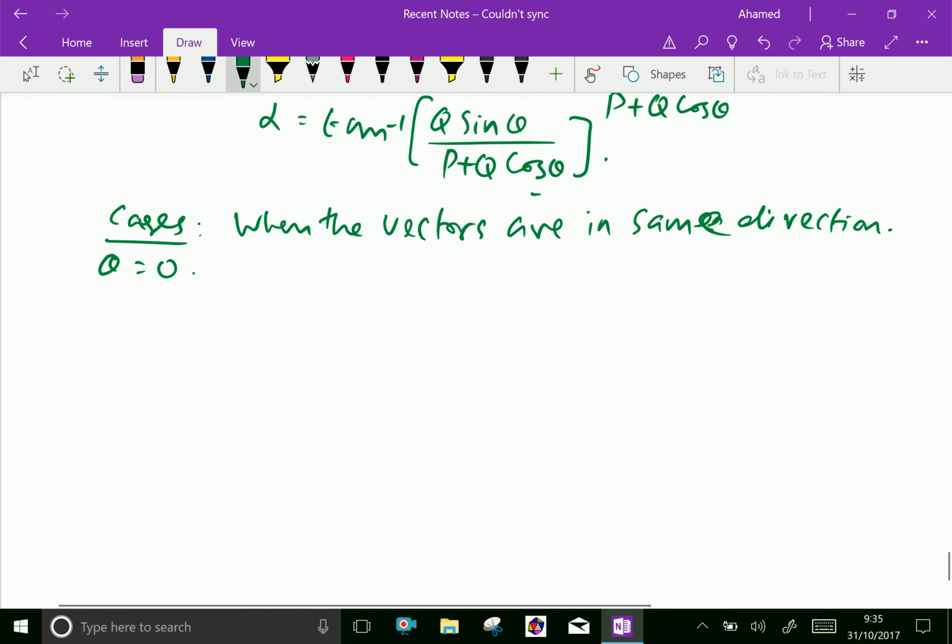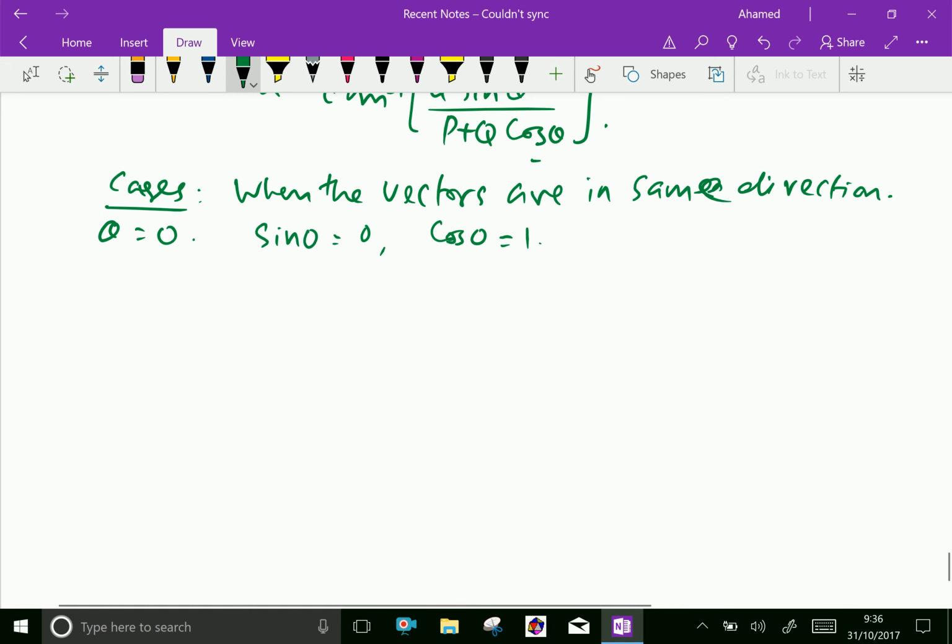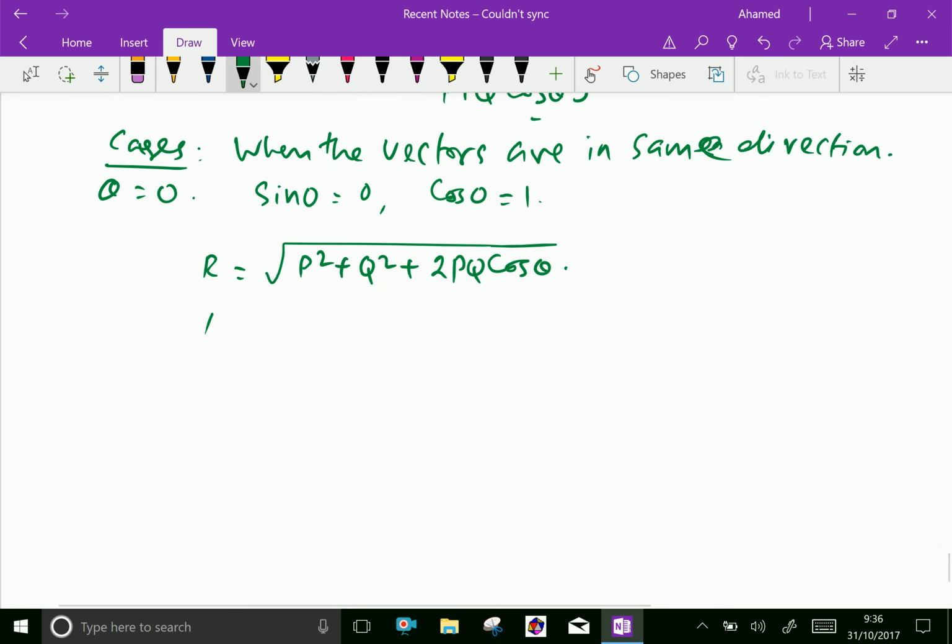Also sin 0 is 0 and cos 0 is 1. Now we'll substitute in the resultant. R equals square root of P square plus Q square plus 2PQ cos theta, which is R equals square root of P square plus Q square plus 2 into P into Q, since cos 0 is 1.